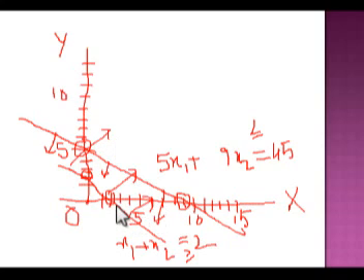Now we are given x2 equal to 4 also. So another constraint, x2 equal to 4, will be here. The constraint is given as less than or equal to.